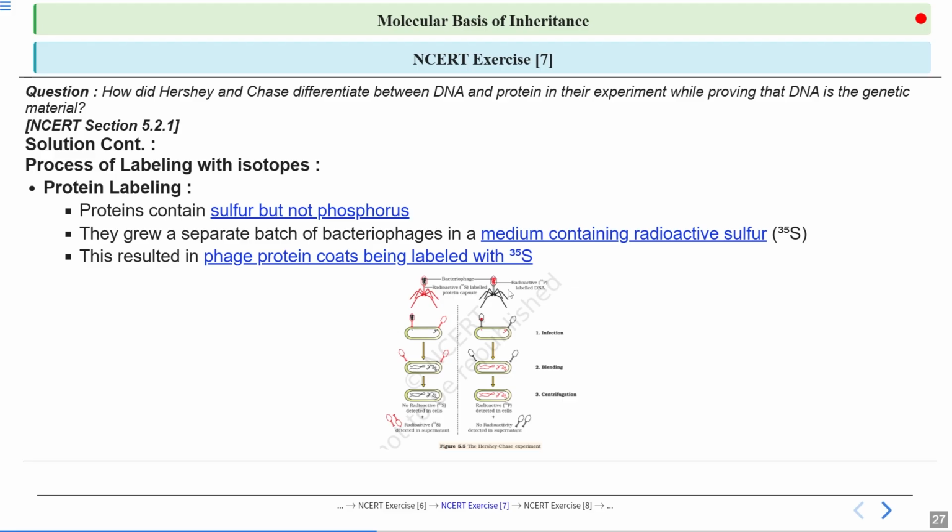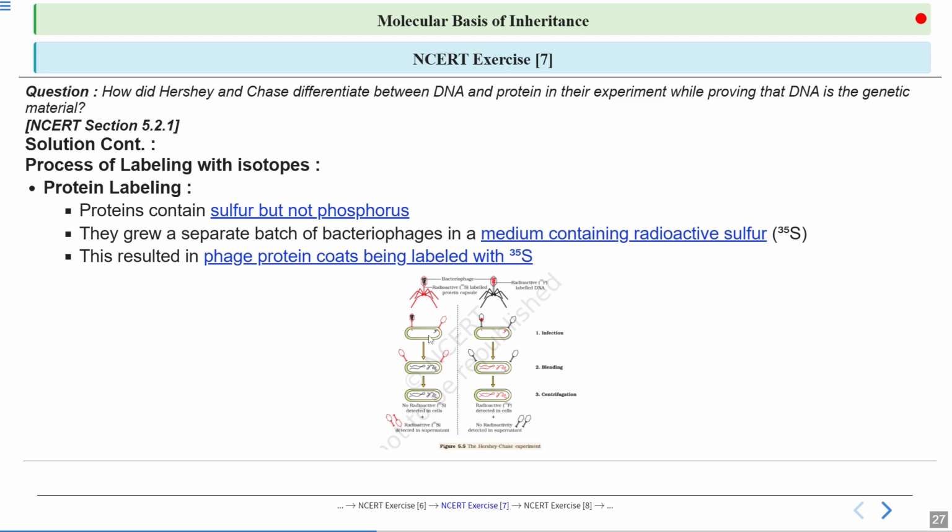Then they infected the bacteria with the bacteriophage. After infection, they did the blending step, which is the removal of the protein coat from the surface of the bacteria. Third, they did centrifugation.